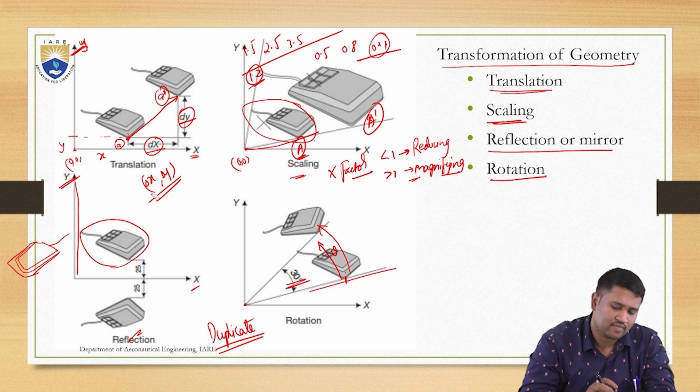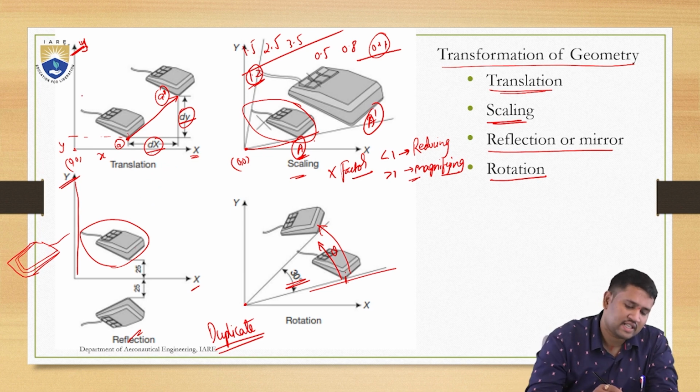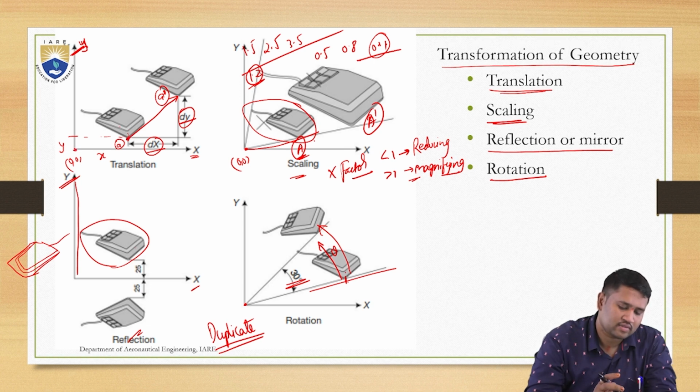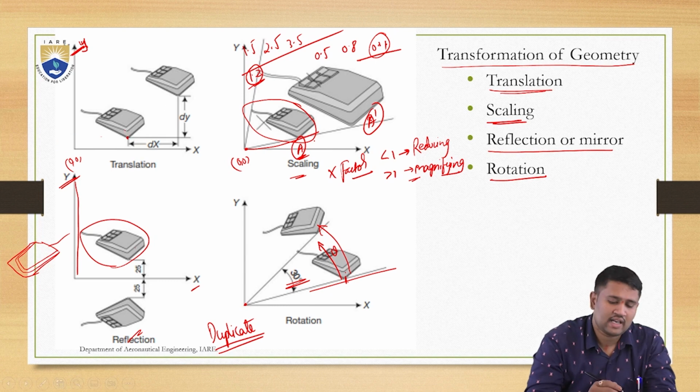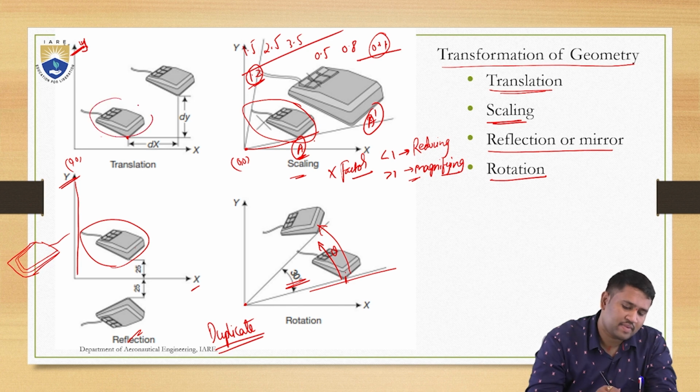right? For example, I'll be selecting this point, and this geometry is completely constrained geometry, right?